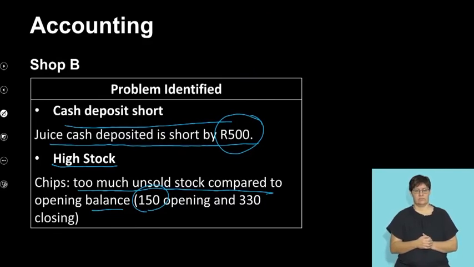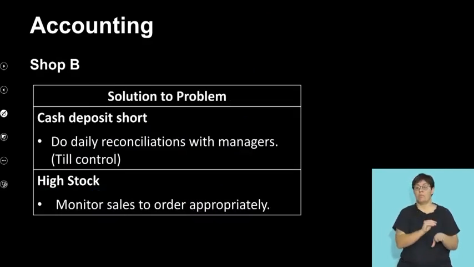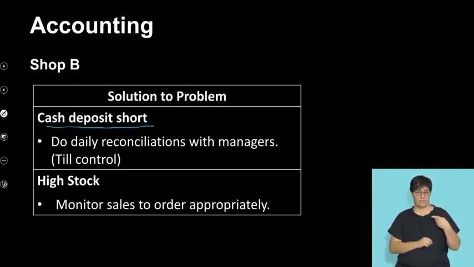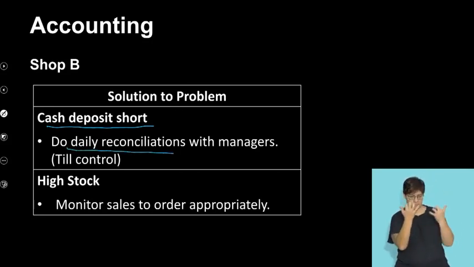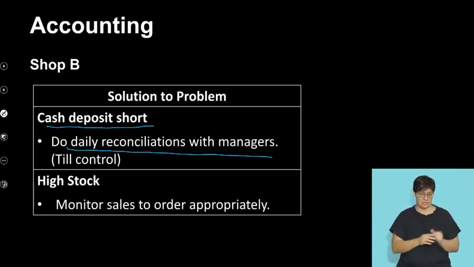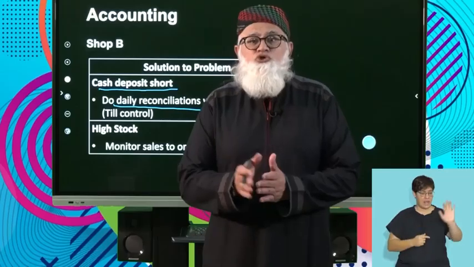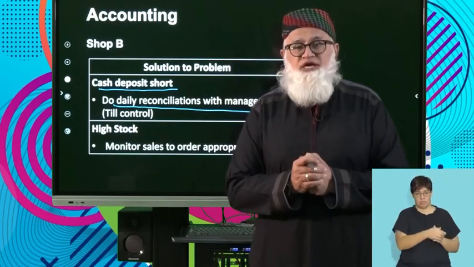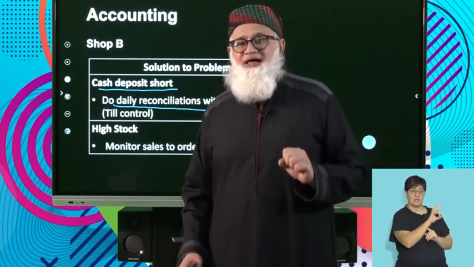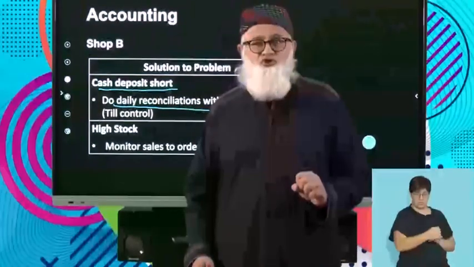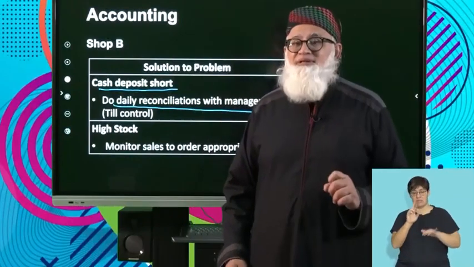Okay, so now how are we going to solve the problem? Remember, firstly, whereas we'll talk about the money that is missing, do daily reconciliations with managers. In other words, at the end of the day, do a till control to say, right, you sold 370 juices, you're selling them at 10 Rand each.